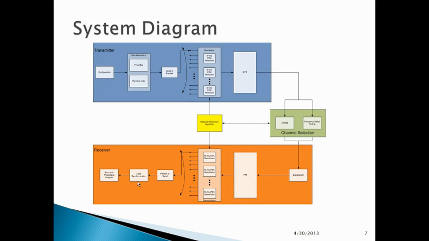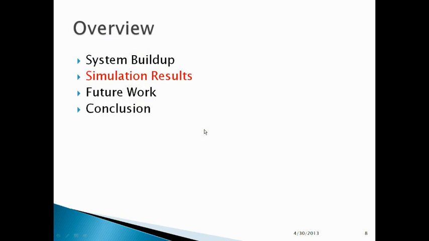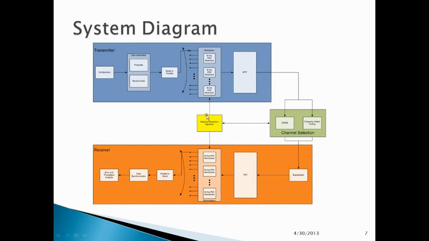But as you can see, the key here is the sharing of the information of this adaptive modulation algorithm. That is really what makes this simulation different from just a regular OFDM system. That is the adaptive modulation portion.